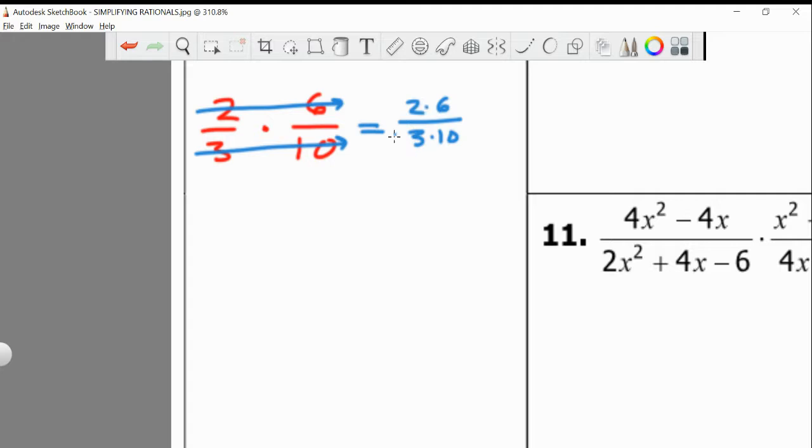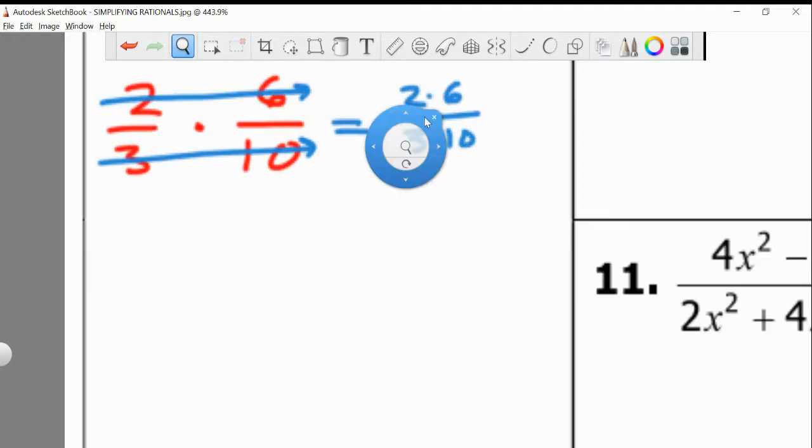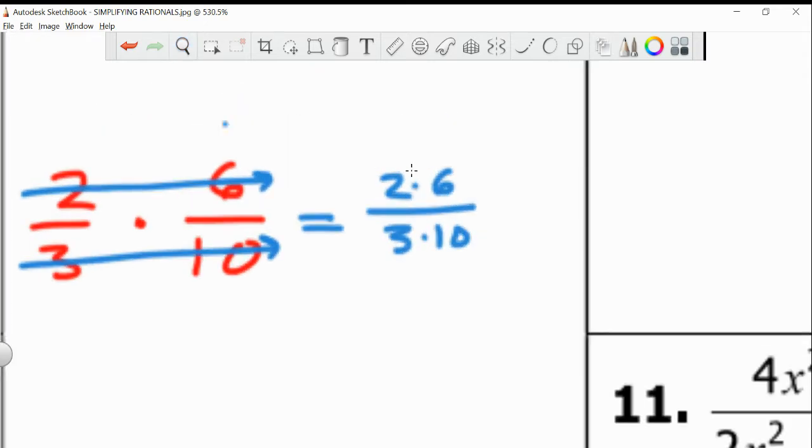Now, if you look at it like this, this basically means we've got two things that are multiplied together, but they're not locked together. I could say that this 2 and this 10 can reduce each other, because they're multiplied together.